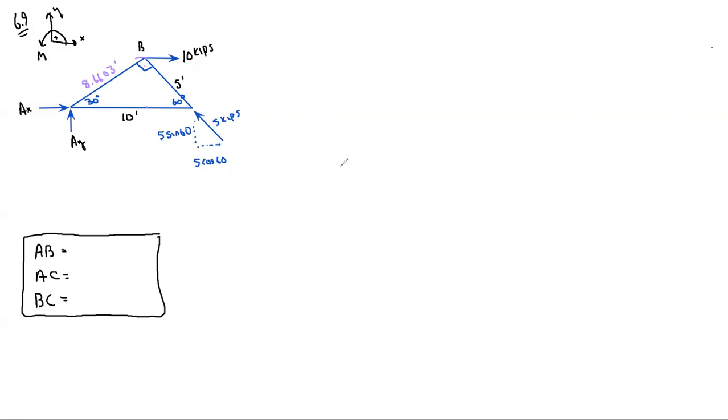All right, so we still need AX and AY. Summation of forces in the Y direction equal to AY plus 5 times the sine of 60 equal to 0. 5 times the sine of 60 is the Y component of our reaction at point C. That means AY is equal to negative 5 times the sine of 60.